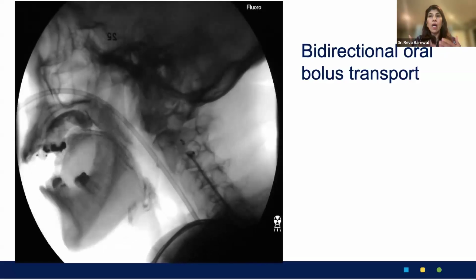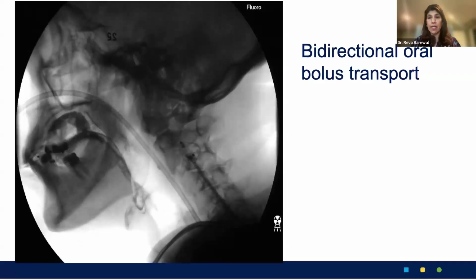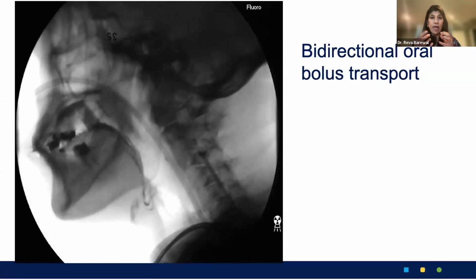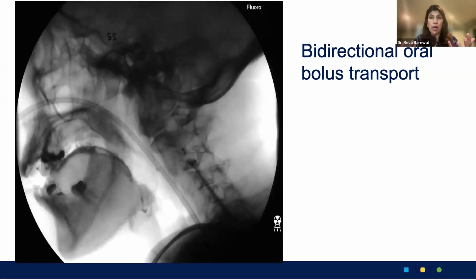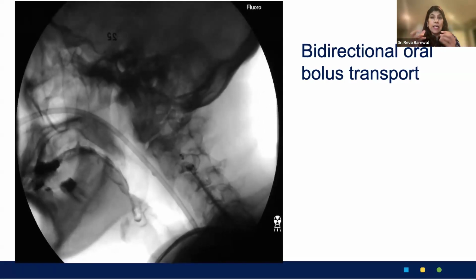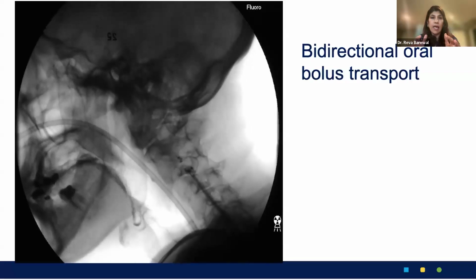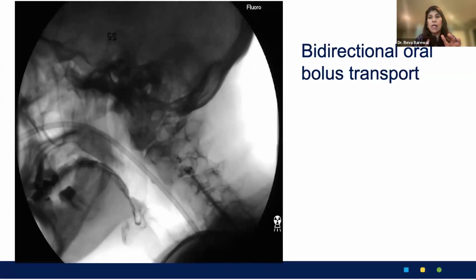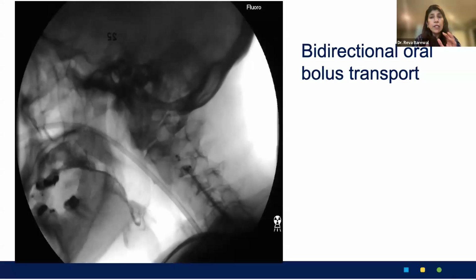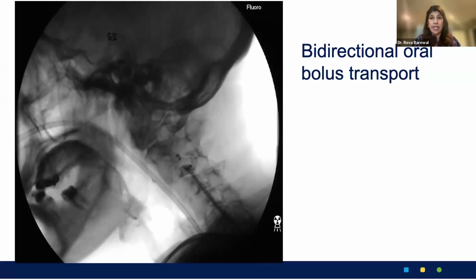I'm not going to say this is impaired transport, because I honestly think the tongue is adaptive and doing a new processing strategy. So is the tongue collecting, assessing, repositioning and reprocessing the material as sensory information changes? That is a very interesting behavior.